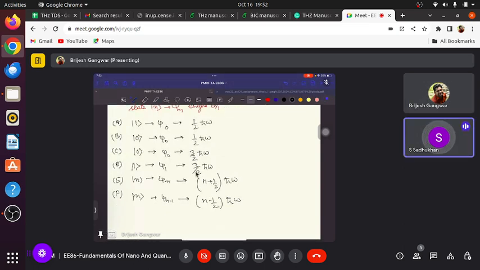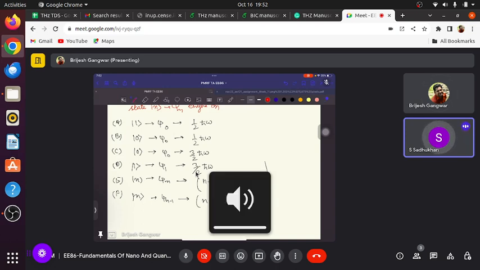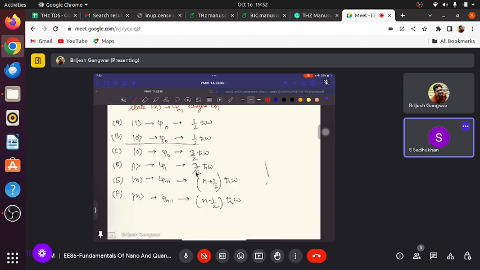Okay, so here state 0 on psi 0 is equal to half h cross omega. Number state 0 on psi 0 will give us half h cross omega, and state 1 on psi 1 will give us 3 by 2 h cross omega, and the general one is state n operating on psi n is n plus half h cross omega.